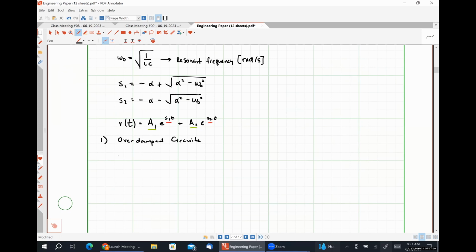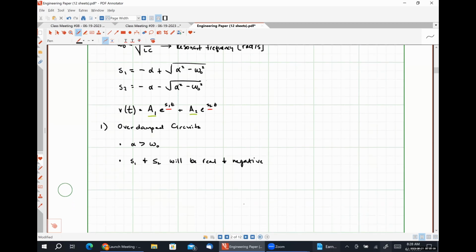So in an overdamped circuit, alpha will be greater than omega naught, which in turn means that S1 and S2 will be real and negative.